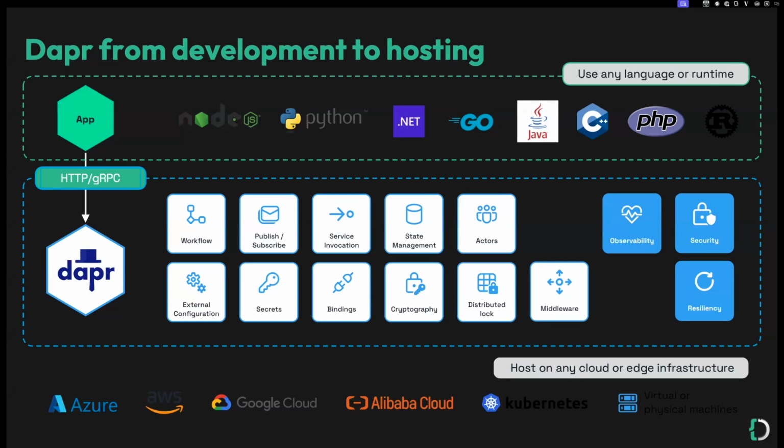And then you get a lot of cross-cutting concerns layered on top of that, like observability, security, like access control lists, and resiliency, like circuit breaker and retry policies, without having to put them in the application code. So it's pretty powerful, but typically running on Kubernetes, with Dapr being injected into an application pod as a sidecar. So that's how the SDK is communicating, over localhost to that Dapr sidecar instance.